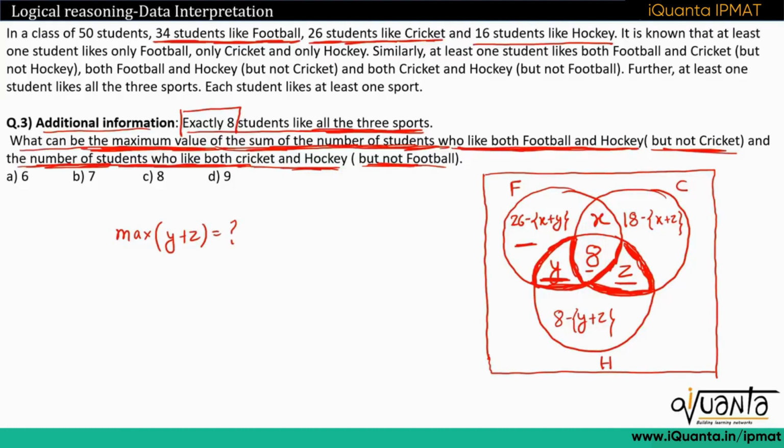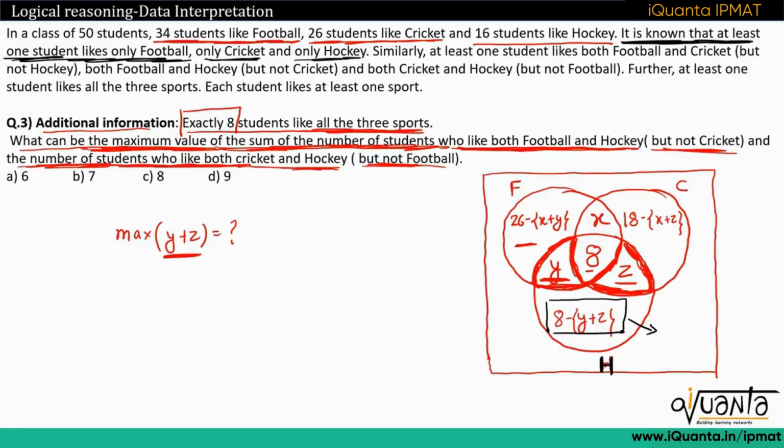So let us find out the regions which involve Y plus Z first. We can see that we have such a region over here, 8 minus Y plus Z, and this region denotes the people who are playing only hockey. It was given to us in the beginning of the set that it is known that at least one student likes only football, only hockey and only cricket.